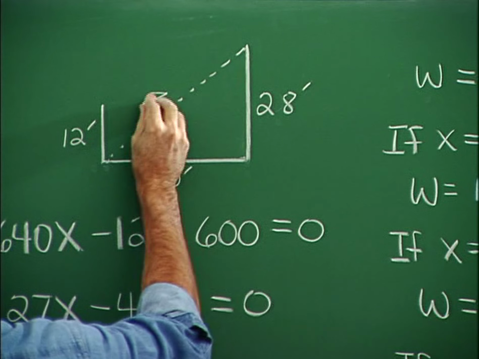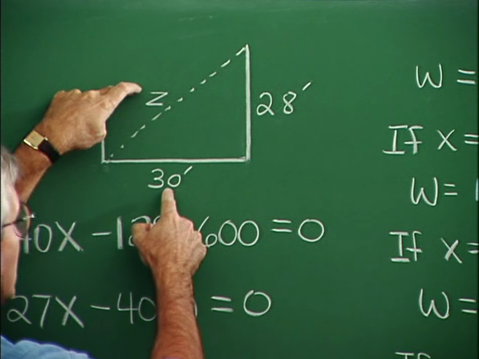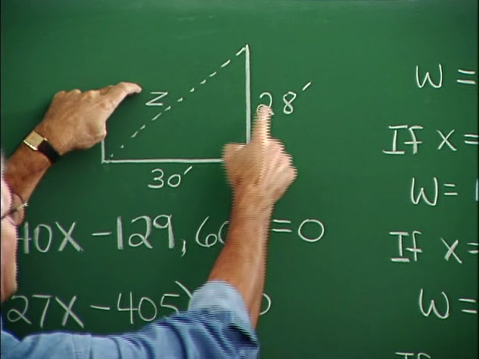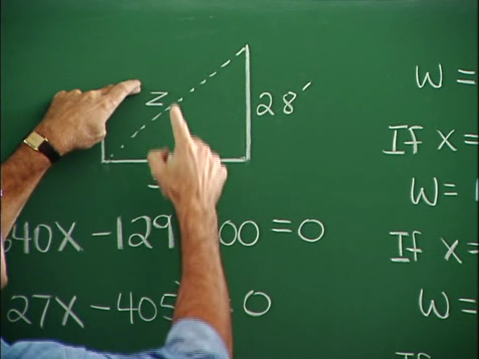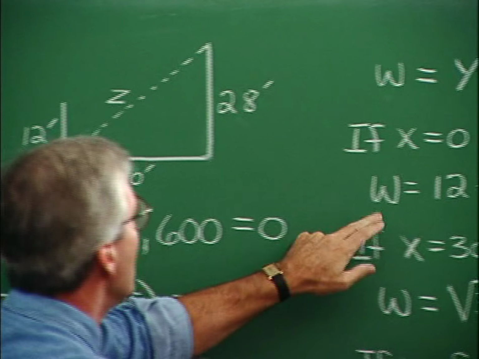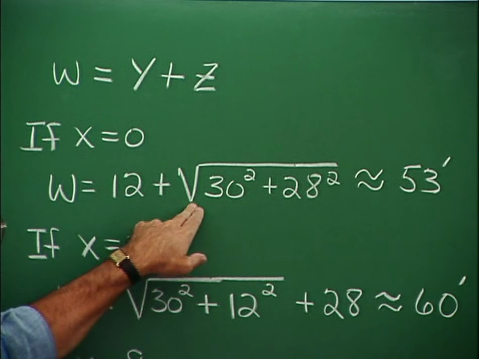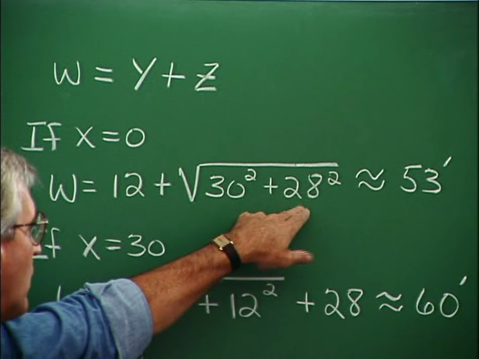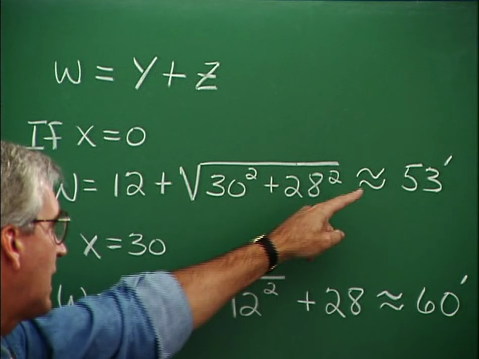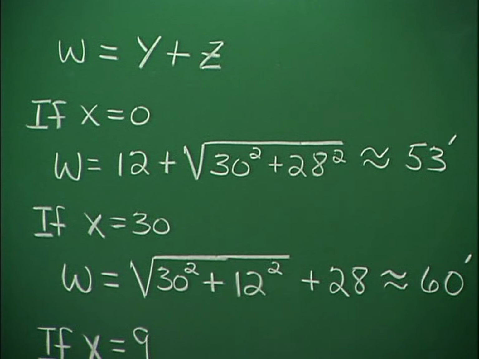And z squared is 30 squared plus 28 squared, or z is the square root of 30 squared plus 28 squared. And that's what I have over here. W is 12, that left side pole, plus the square root of 30 squared plus 28 squared, and simplifying we get approximately 53 feet.